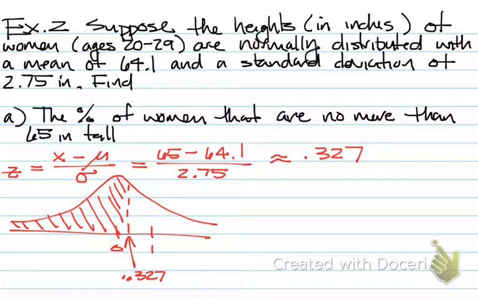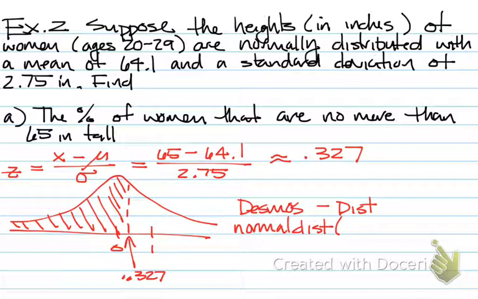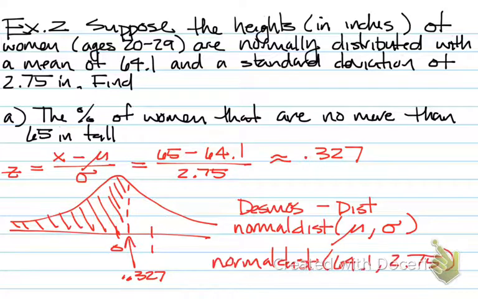So we want to find the area under the curve to the left of 0.327 on a standard normal distribution. Using the Desmos calculator, we would go to the functions and then DIST for distributions, normal distribution, and enter the mean and the standard deviation, 64.1, comma, 2.75, and then indicate the left and right boundaries for the area under the curve. As you can see in the figure, to the left it goes forever to negative infinity, and the right boundary would be the actual value, 65.